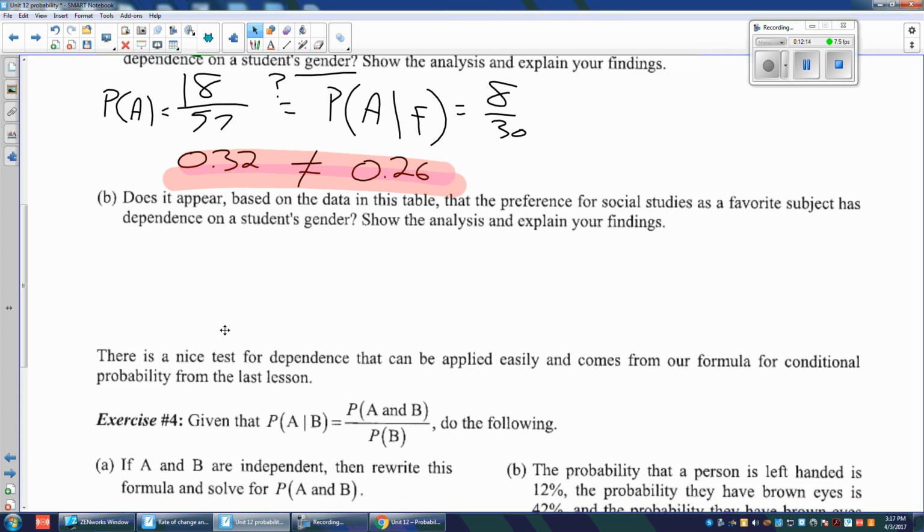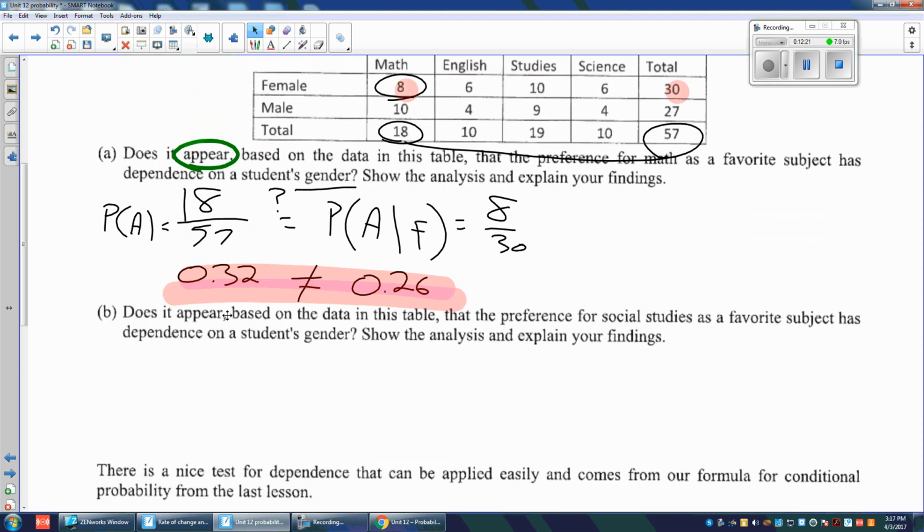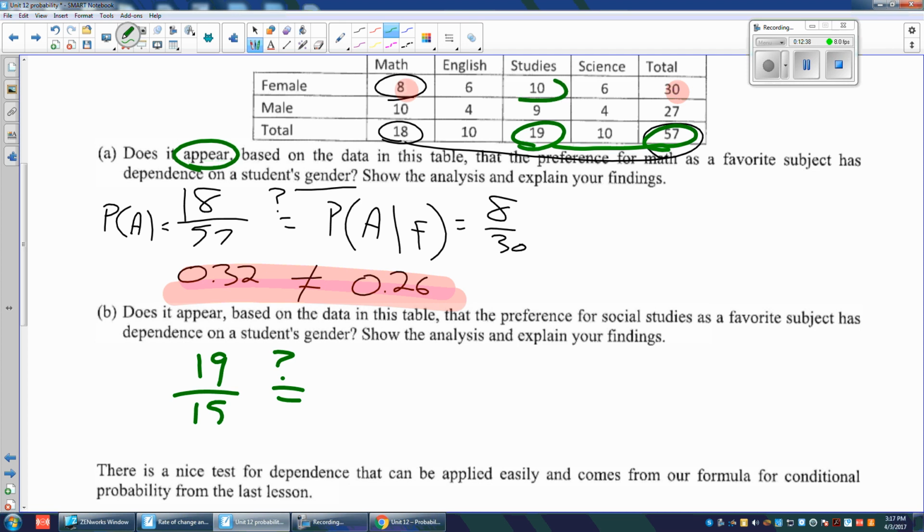Does it appear based on the data of this table that the preference for social studies as a favorite subject has dependence on student's gender? Social studies. Here we have social studies, 19 out of 57. Does that equal 10 out of 30?